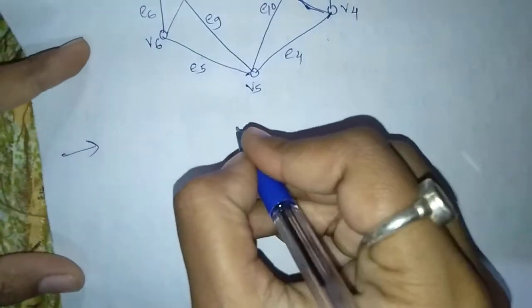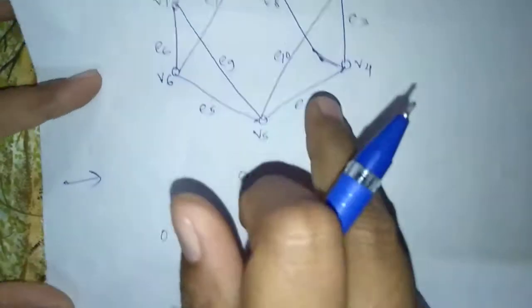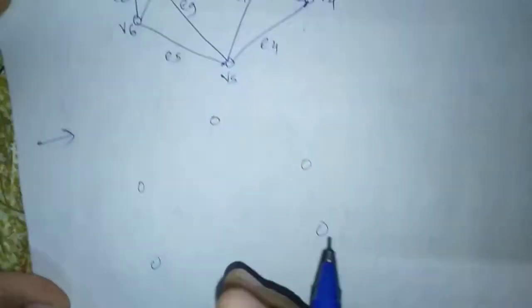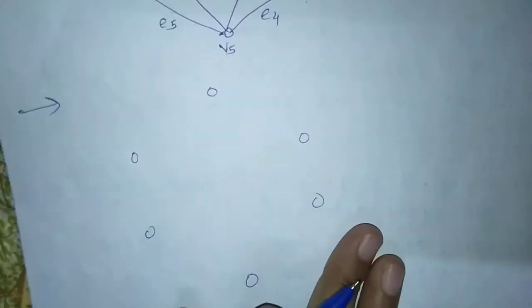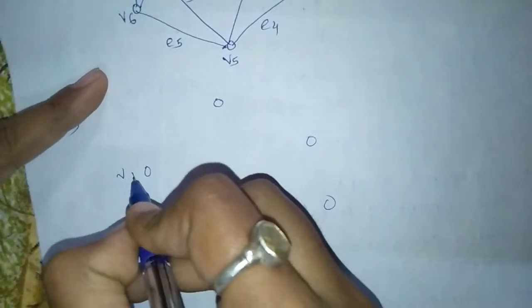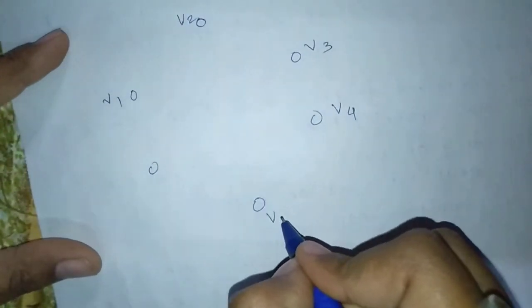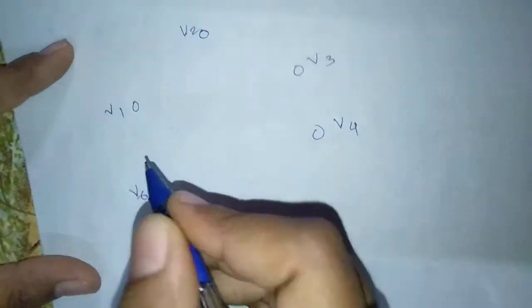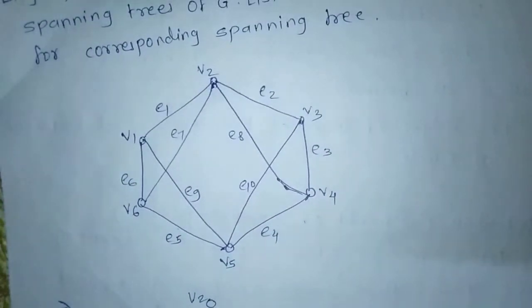So first put all the vertices of this graph. Here the number of vertices is 6, so we draw 6 vertices and name them V1, V2, V3, V4, V5, V6. Now draw the edges like a connected graph which does not contain any circuit.